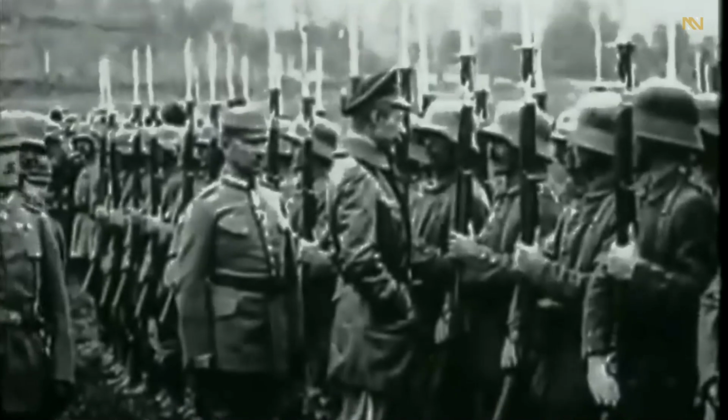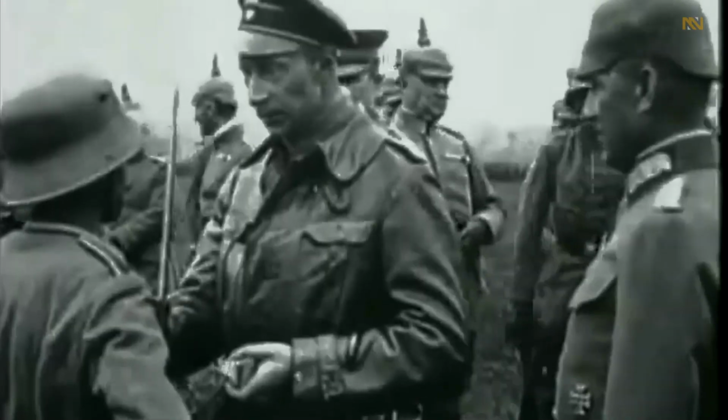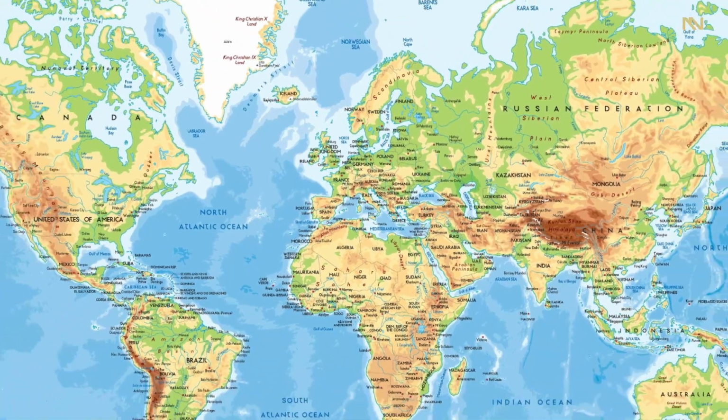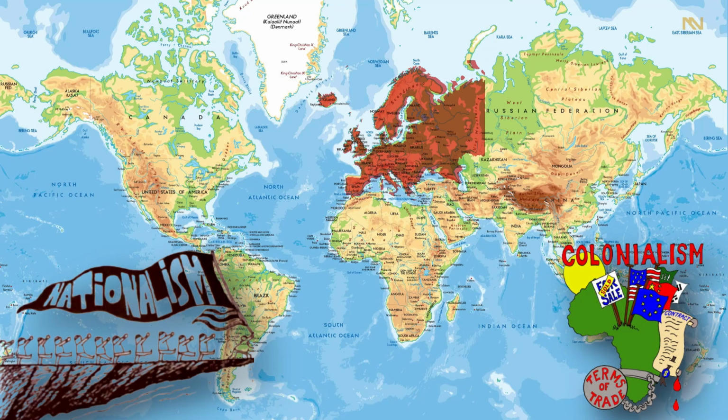However, the tide began to turn in the early 20th century. The First World War had devastating economic consequences. The war also marked the beginning of the end for many of the European colonial powers as they struggled to maintain their empires in the face of rising nationalism and anti-colonial sentiment.